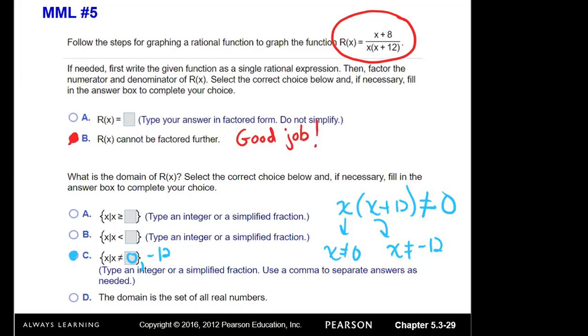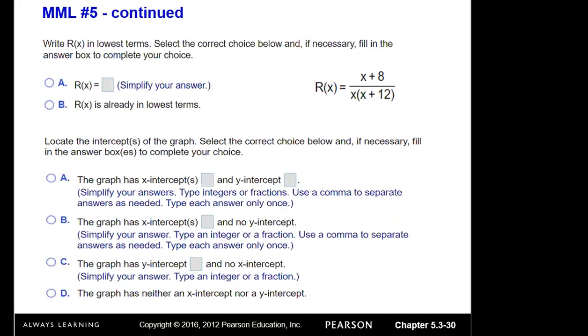All right, so then I get another, let's see, let's get an excellent this time. Excellent, there you go. And you'll hit enter again, and the next question pops up. And it says, put this in lowest terms. Well, it's factored out. Can you cancel anything?